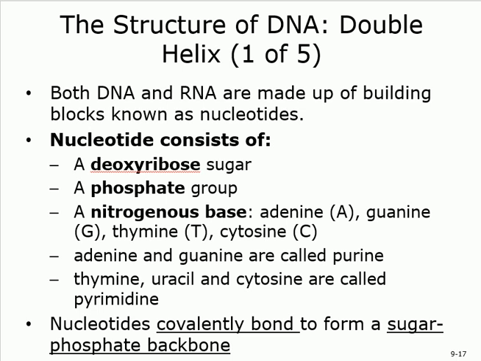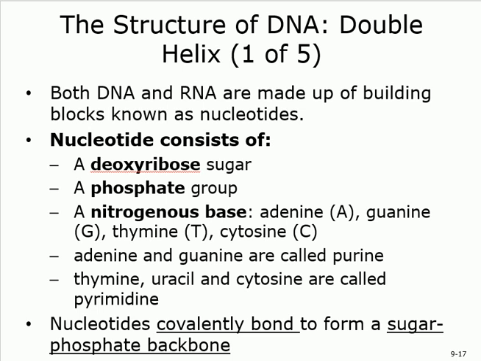Nitrogenous bases, we have 4 different nitrogenous bases. What do you mean by nitrogenous base? It's a base that contains nitrogen. And we have 4 of those in the DNA: adenine, guanine, thymine, and cytosine. From the chemical point of view, adenine and guanine are called purines. Thymine and cytosine are called pyrimidines. This is in DNA.